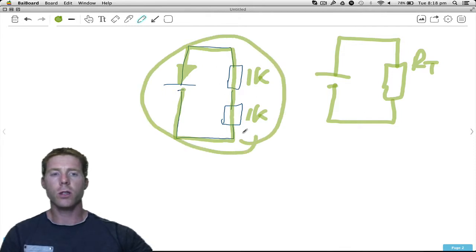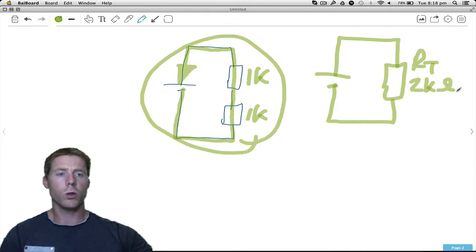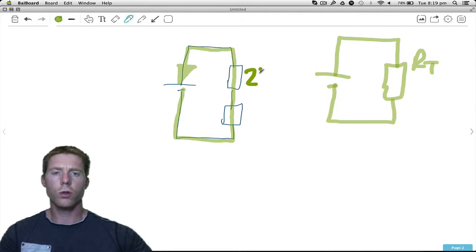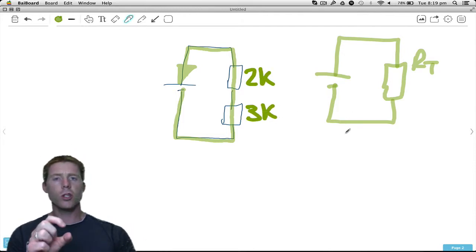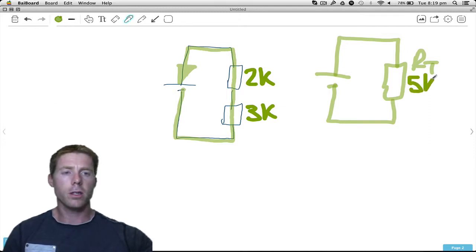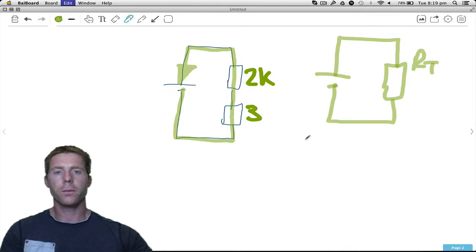Well, in the case of this circuit, that one resistor would be 2K. If we were to have, say, 2K and 3K, and we were to replace those two resistors with one resistor that does the same job, that would be a single 5K ohm resistor.